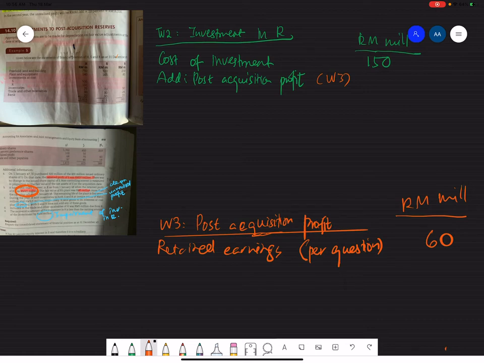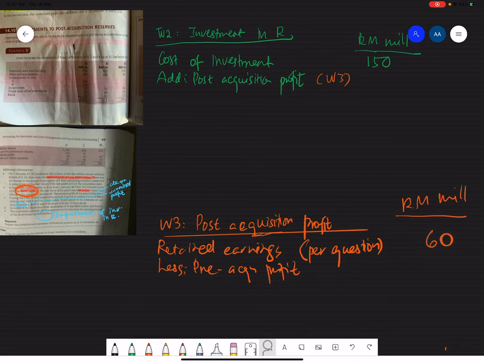So R has been bought when? If you look at note B, in 1st January, I said it has been 2 years already. So they have been making profit. So to calculate post-acquisition profit, we need to exclude pre-acquisition profit. The pre-acquisition profit is included in here, so we do not want that.